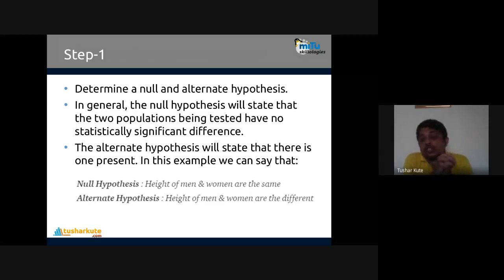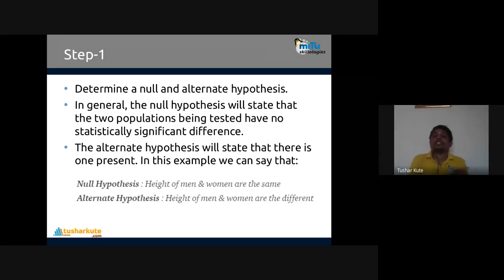First of all, in the first step, as I told you, you have to determine a null hypothesis and an alternate hypothesis. Now, in general, the null hypothesis will state that the two populations being tested have no statistically significant differences. The alternate hypothesis will state that there is one present.